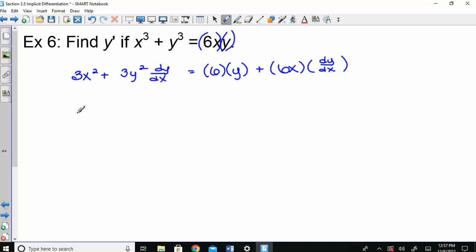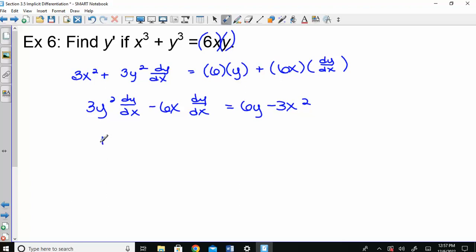I don't have an actual point to plug in on this one. I'm just finding dy dx. I do have to go ahead and get it by itself. So I need all my dy dx's on one side. Then what do we do? Pull down the dy dx.